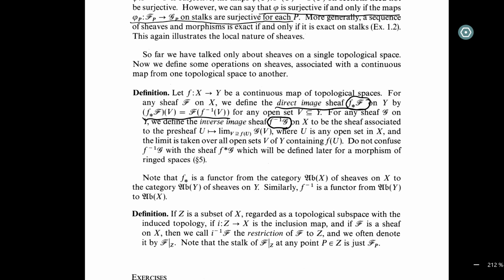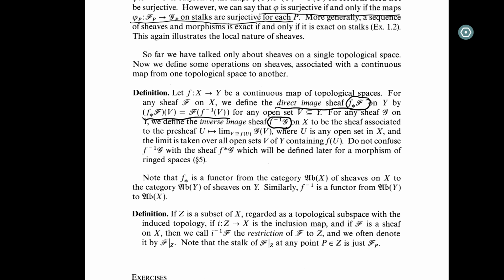So for any open U in X, we first take an open containing f(U). Well, if f(U) is already open, then it's easy, you just define it using the sheaf G acting on f(U). But the problem is that f is not an open map in general.